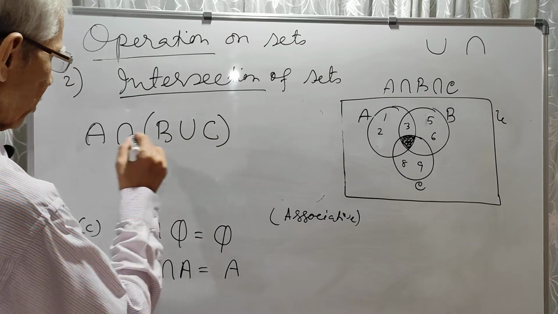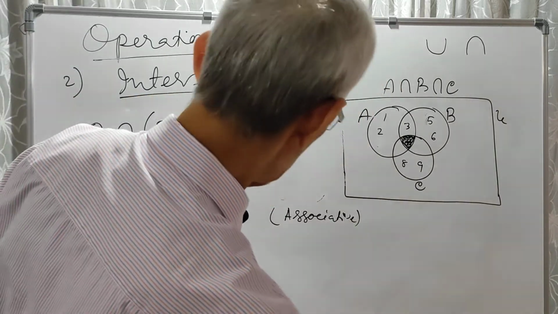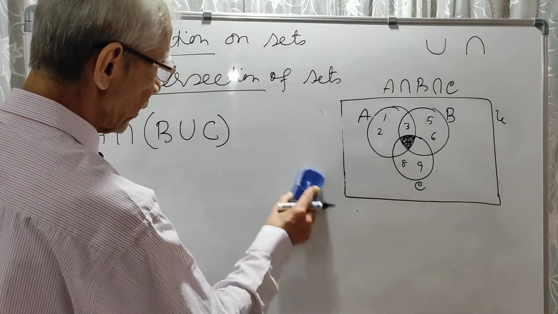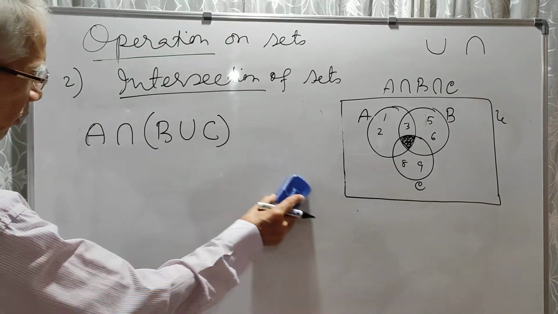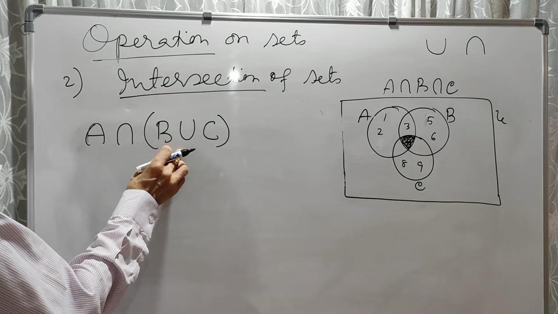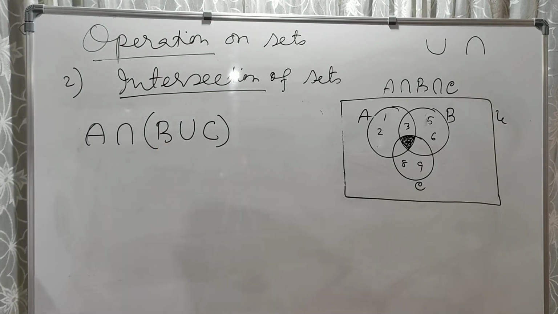This is a combination of intersection and union. So this is called the distributive property of intersection over union, because here you see both are there. This is intersection, this is union.